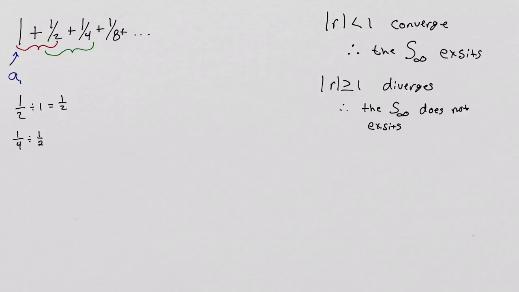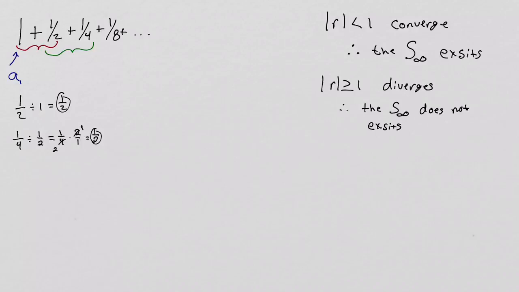When you divide fractions, you're really multiplying by the reciprocal of the second fraction. So this is actually 1/4 times 2 over 1. Conveniently, 2 goes into 4 twice, so we get 1/2. So 1/2 is indeed our common ratio.